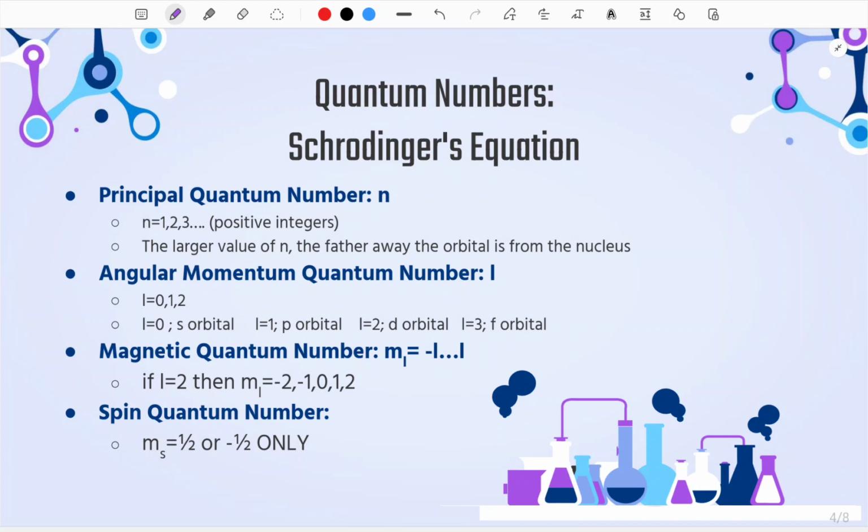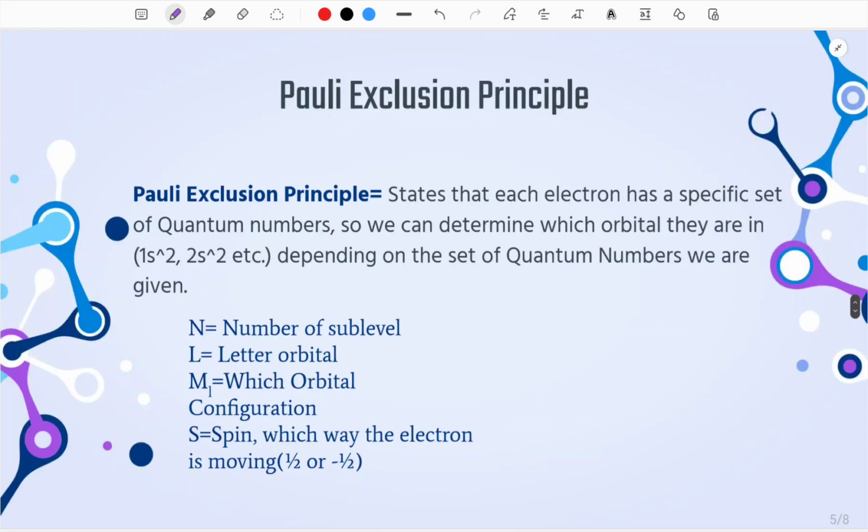And then for your magnetic quantum number, it's going to tell you which iteration of your letter orbitals that the electrons are found in. And then the spin quantum number, it's just telling you which way the electrons are spinning, whether they're going to spin clockwise or counterclockwise in their specific orbital.